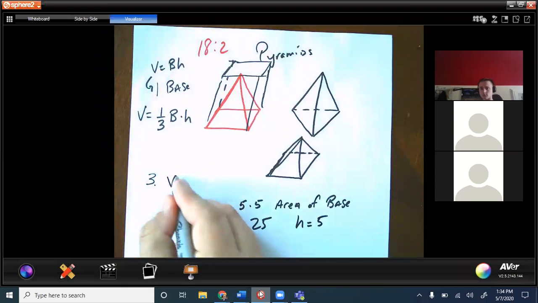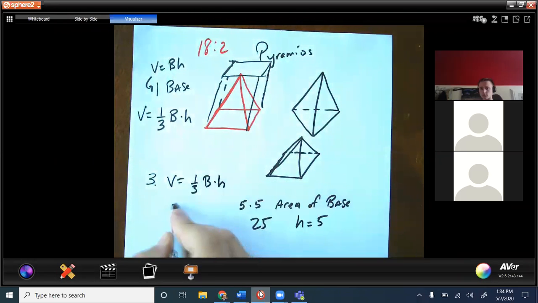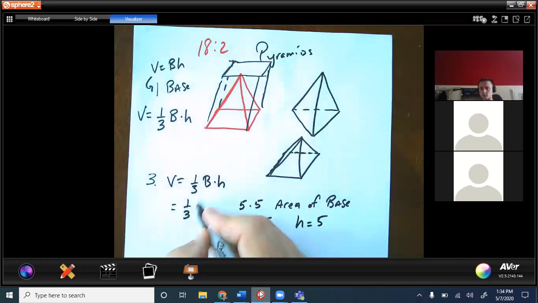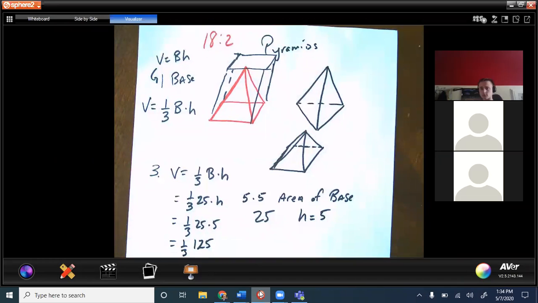And so the volume would be 1/3 area of the base times height, 1/3. 5 times 5 is 25. And then the height is also 5. So 25 times 5. And so now we have 1/3 of 125.